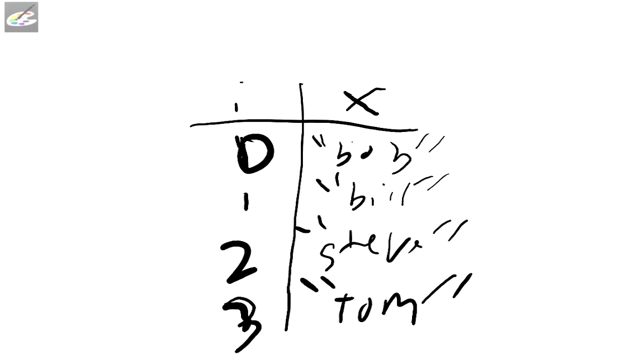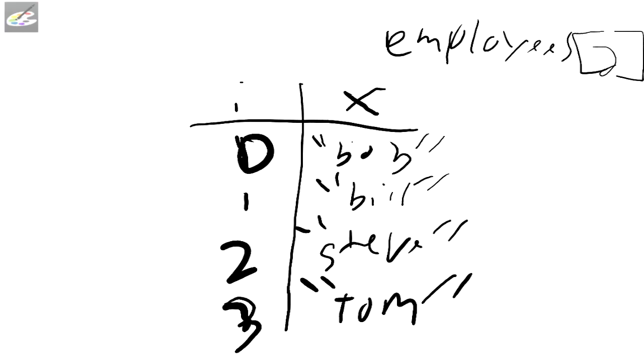Now this is all in one variable. We'll call it employees. That's all in one variable, and if you're looking for the name Steve, you just ask for index 2, and it will return Steve.